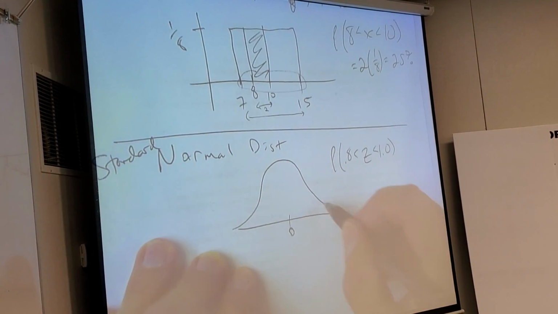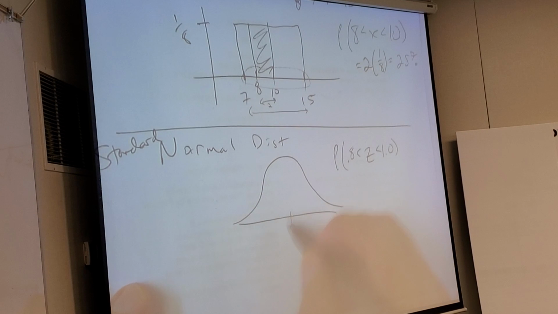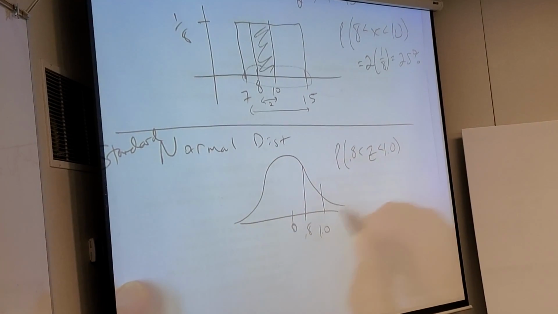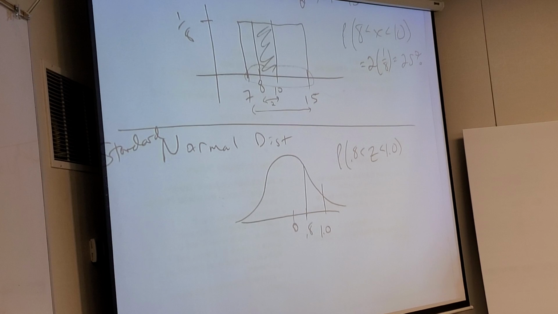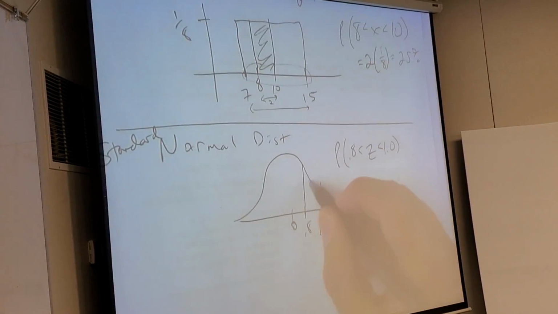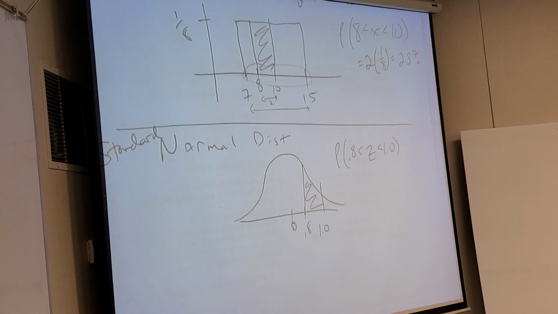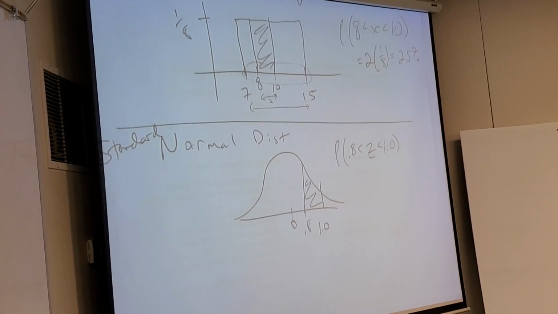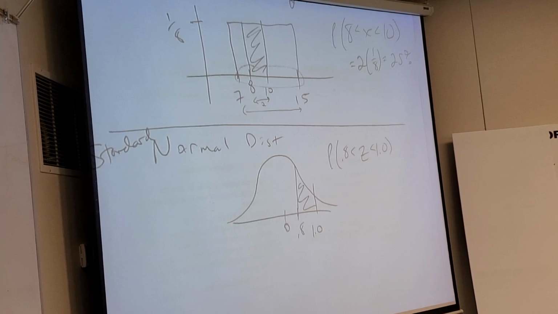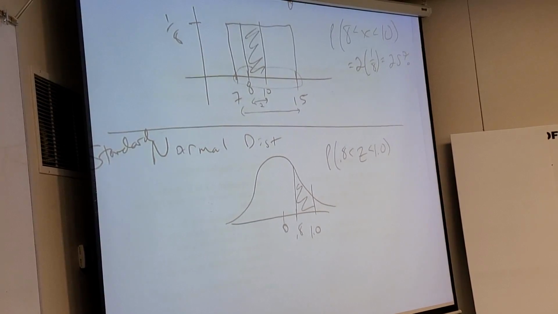Somebody put 0.8 there and 1.0 there. I'm like, what the hell? That's 0. 0.8 is over there somewhere. 1.0 is over there somewhere. It doesn't matter if it's to scale, because the picture is just supposed to help me. Should that be a big answer or a kind of small answer? Should definitely be a small answer. It's going to be less than half for sure. You guys all semi with me?